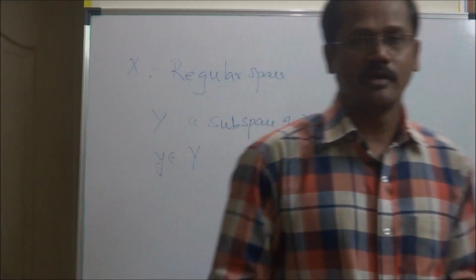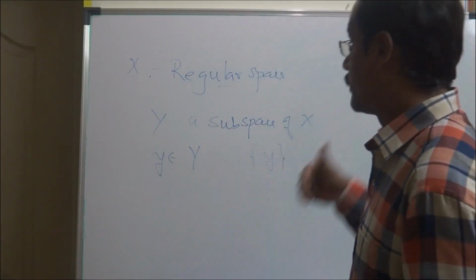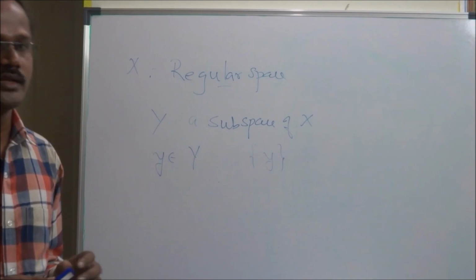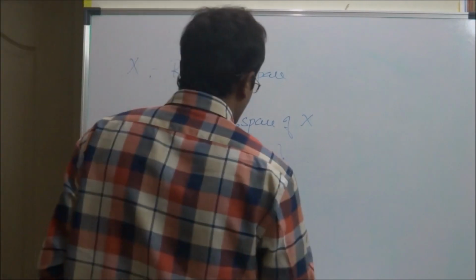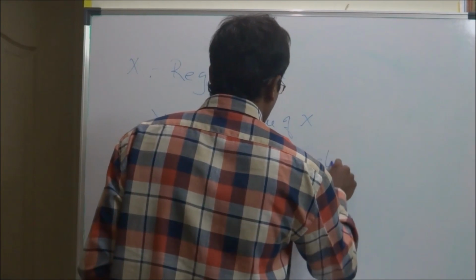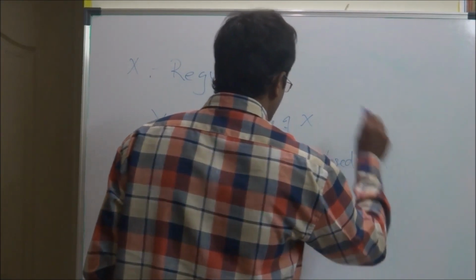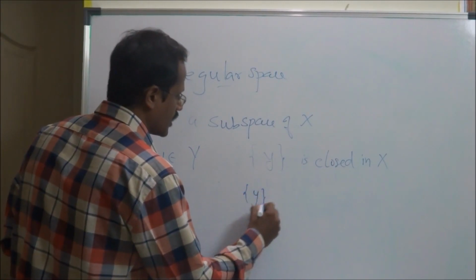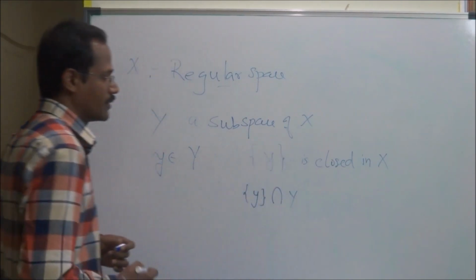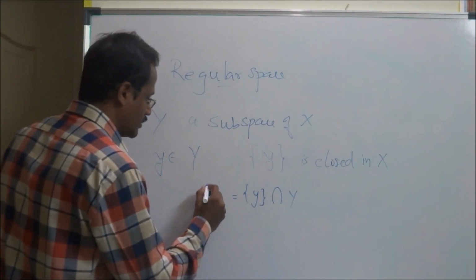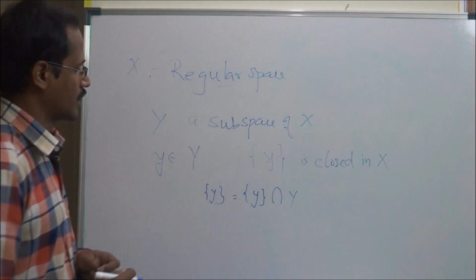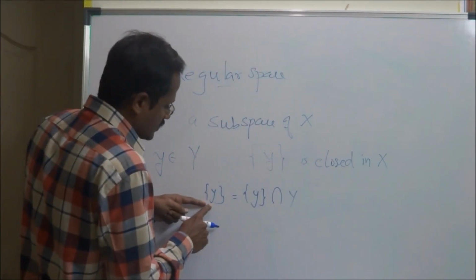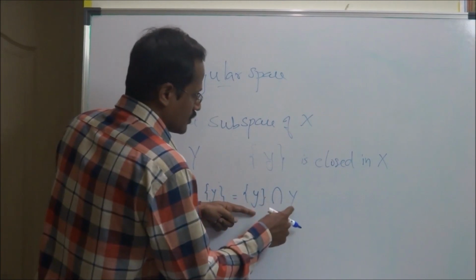Being a point of Y, and Y being a subspace of X, y is also a point of X. And here X is a regular space, therefore every single point set is closed in X. Therefore, first we get the result that singleton {y} is closed in X. You take that singleton {y}, a closed subset of X, intersect with Y, and you will obtain the single point set {y}.